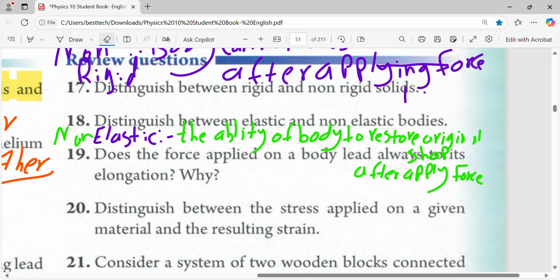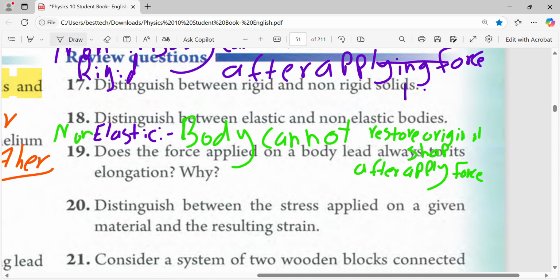Non-elastic is the same thing, but the body cannot restore its original shape after applying force. This is the difference between elastic and non-elastic.